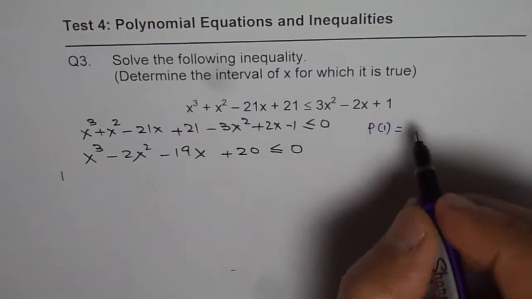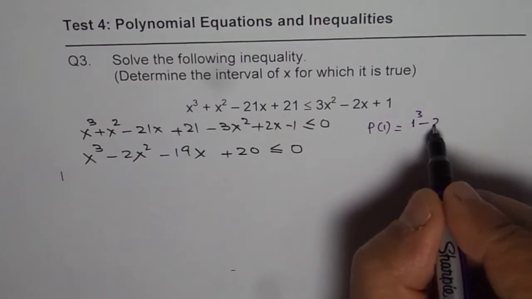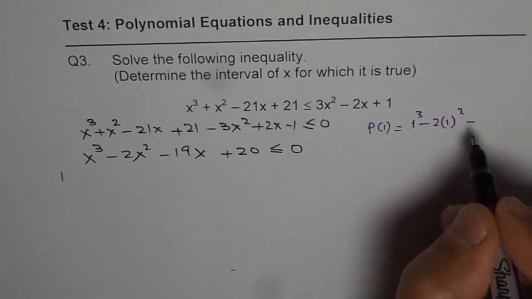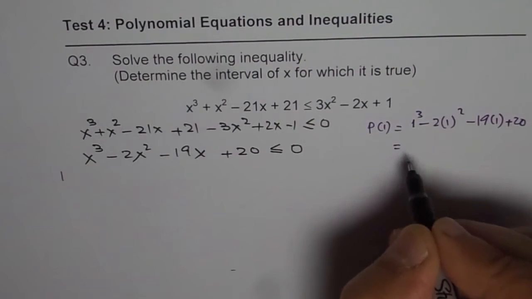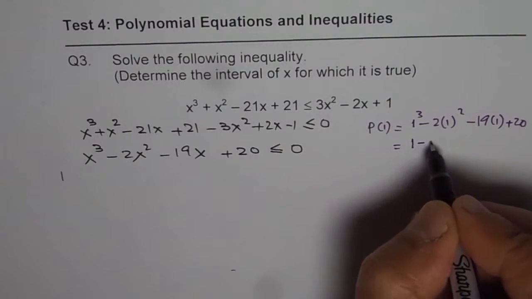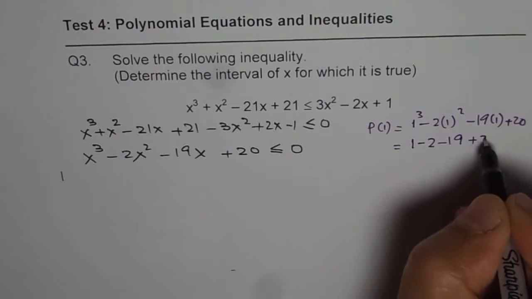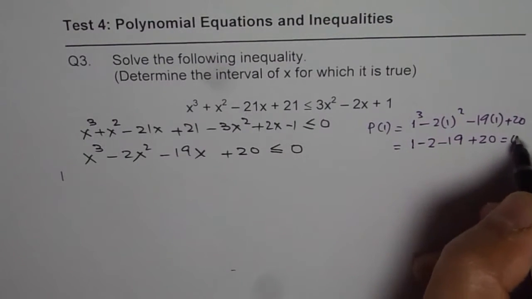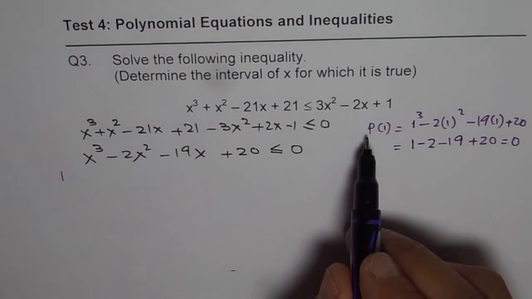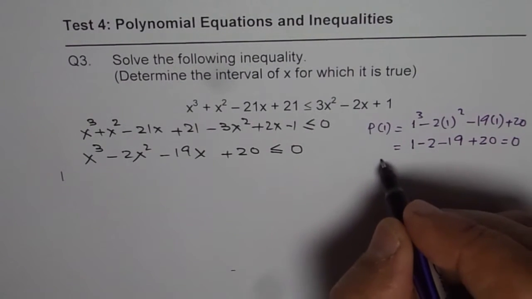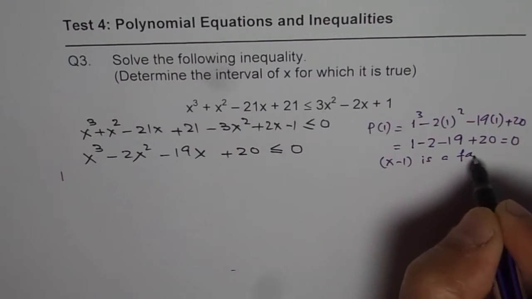Substituting 1, we get 1 cubed minus 2 times 1 squared minus 19 times 1 plus 20, which is 1 minus 2 minus 19 plus 20, and that equals 0. That means x minus 1 is a factor.